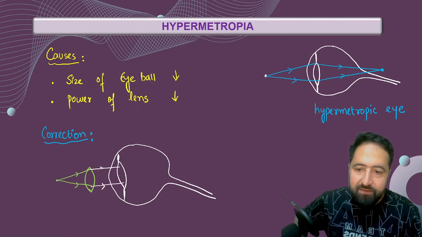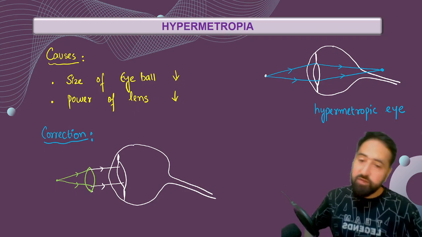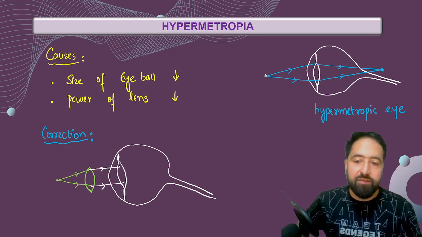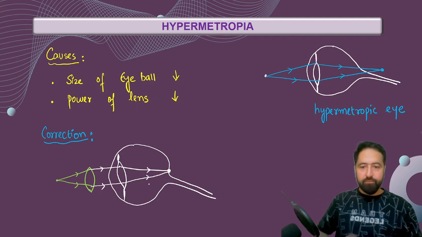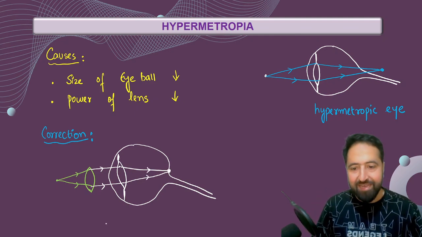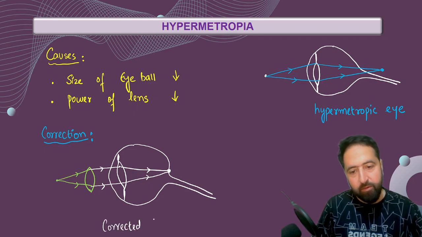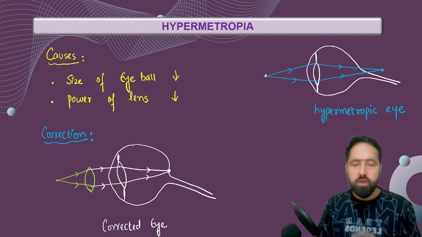Now as you can see, the rays are coming parallel, so it will be easier for this lens to converge them. Retina. Okay. So what is this eye? It is the corrected eye. Easy.